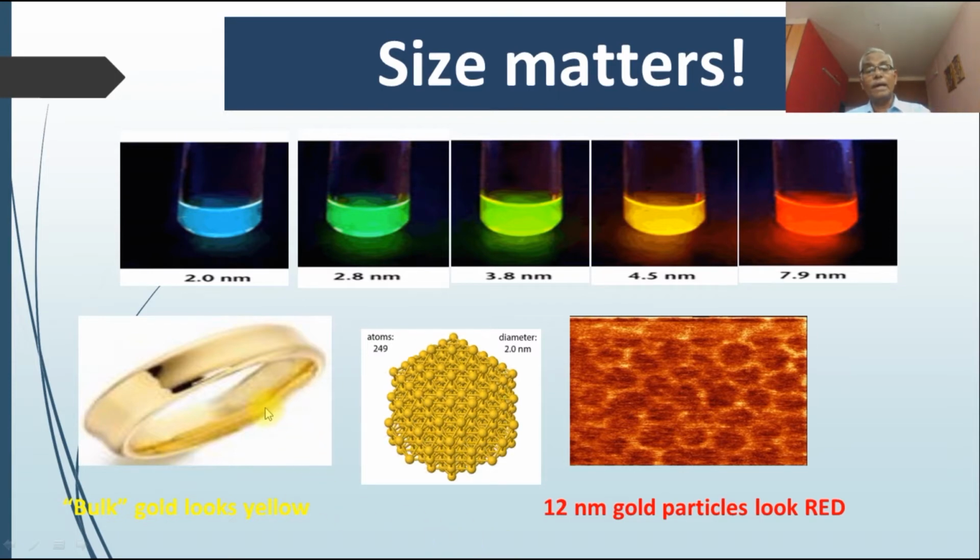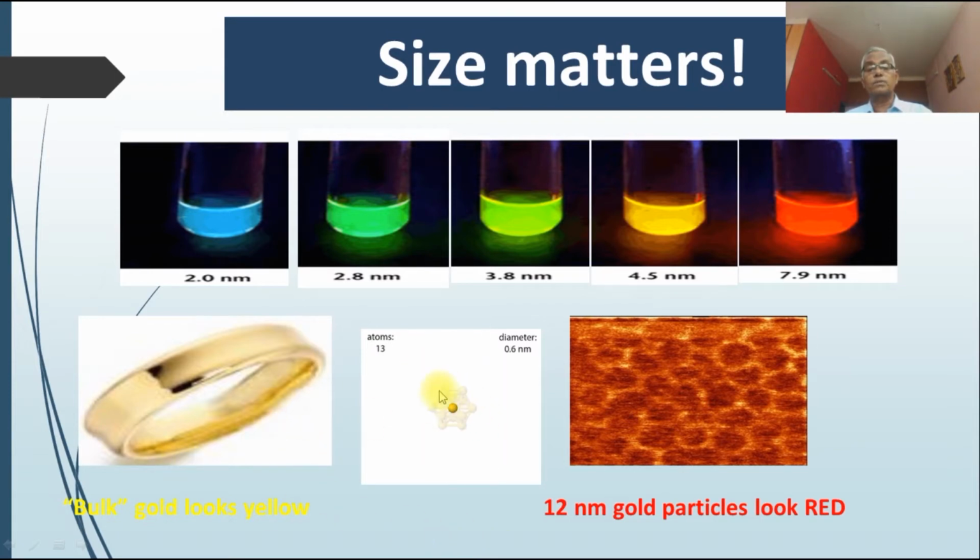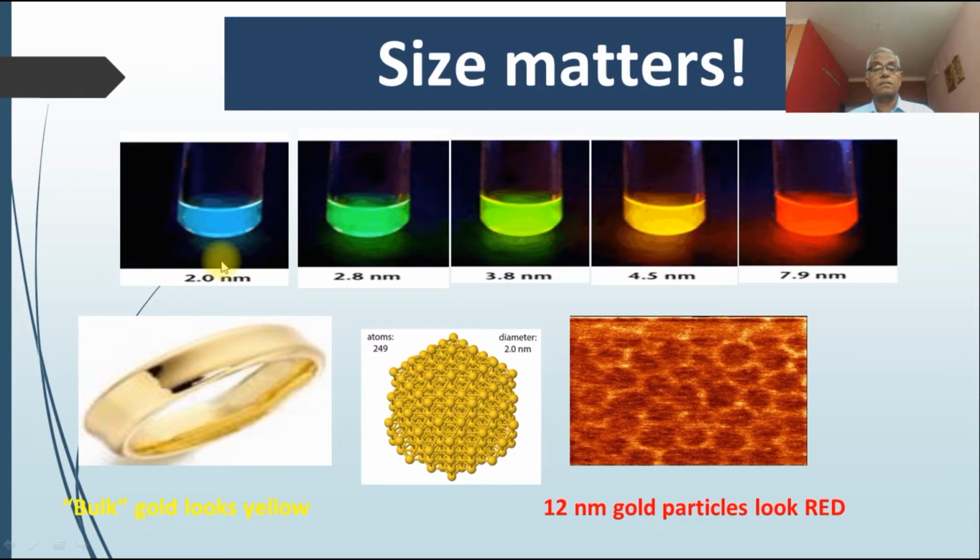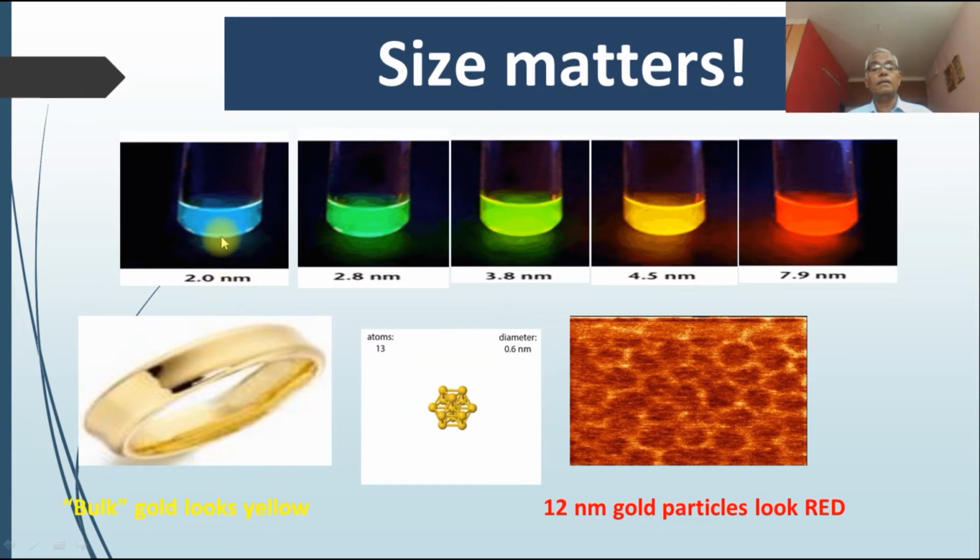But if we divide this gold particle into small parts, keep on dividing and crushing, then if we come to about a 2 nanometer size, the gold will appear blue. Yes, gold can appear like a blue color.